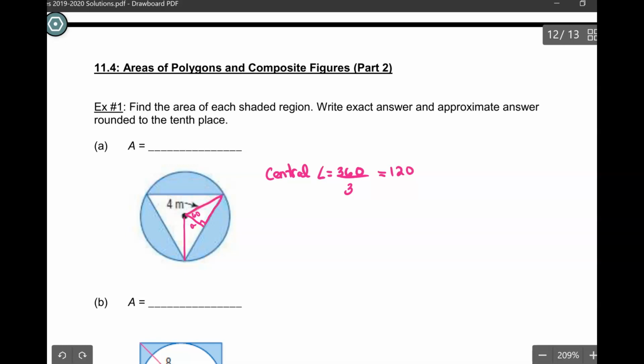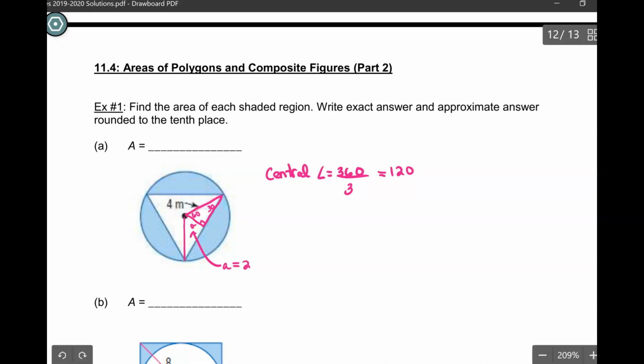Therefore, in this triangle here, we have a 30, 60, 90 triangle. Notice the hypotenuse is labeled as 4, which makes the shorter leg, A, half of that, which would be 2.